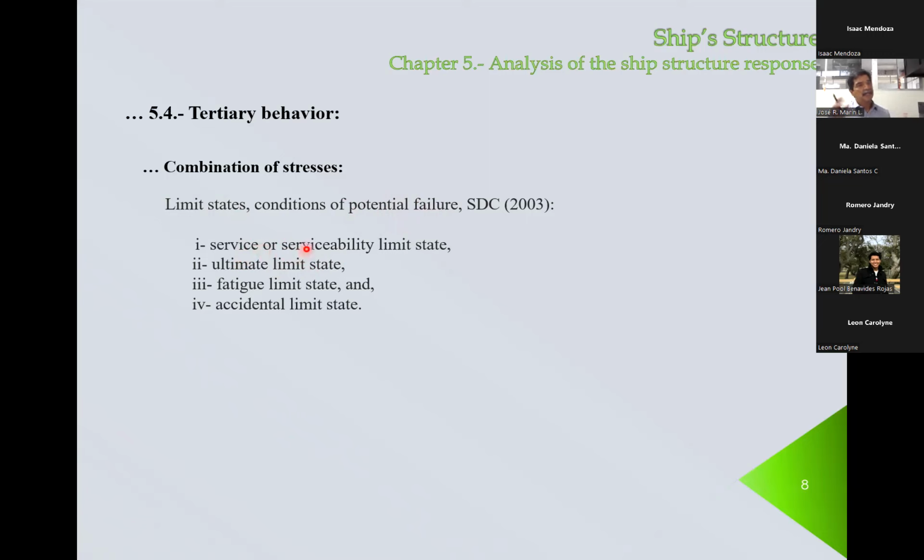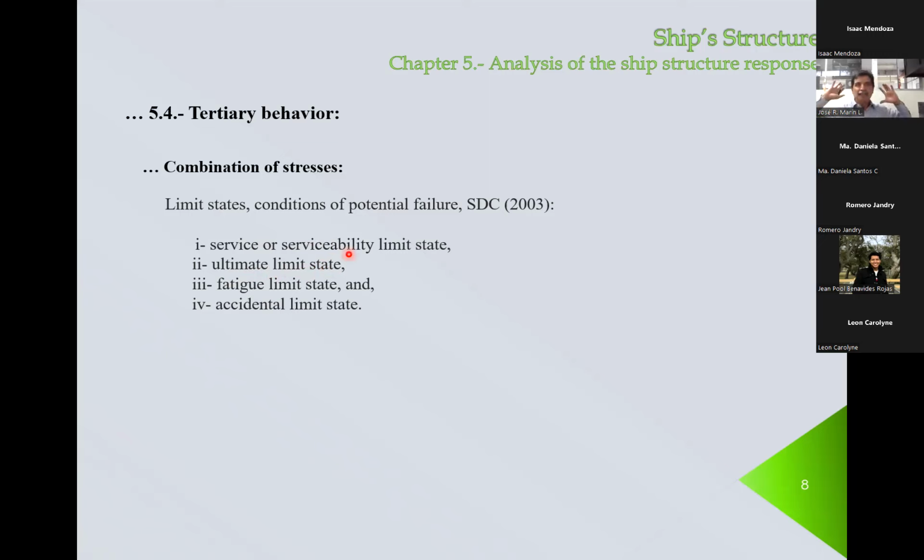That means that during service you have pressure, you have the weight, the ship moves because of the dynamic pressure. And all of that is what we call the limit state in service, right? Another case is the ultimate limit state. That's what Engineer Isaac is analyzing, okay?